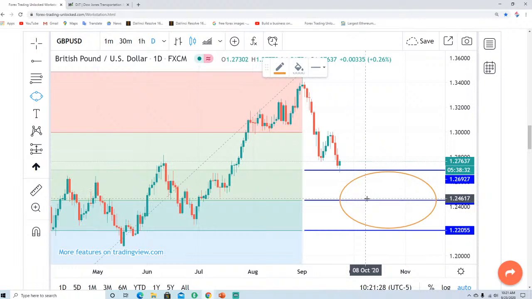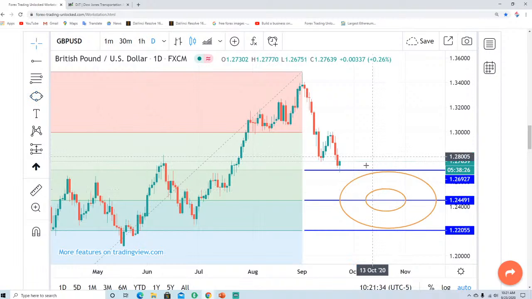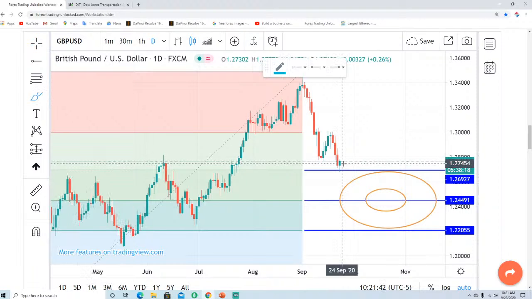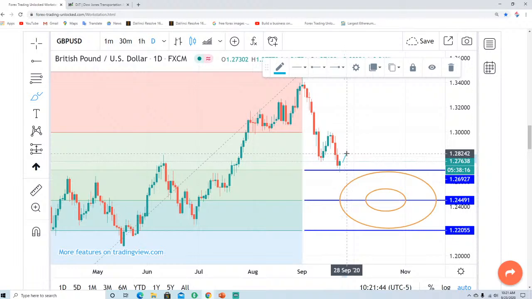And let me put it like this: somewhere between now and the middle of October, there's a good chance of us coming into this little area here. Now, I think that most likely you'll see something more like this.